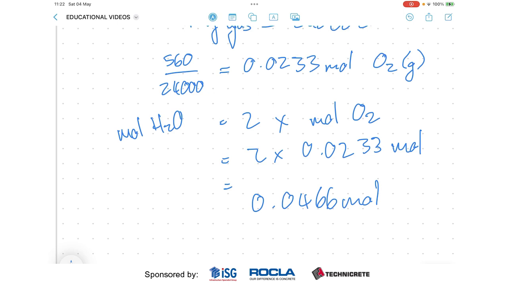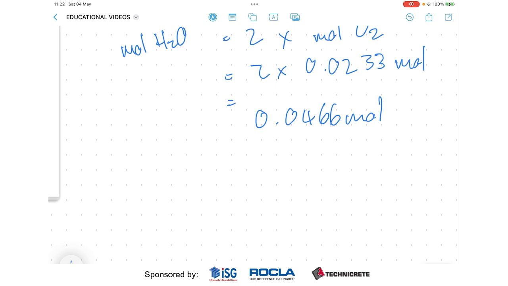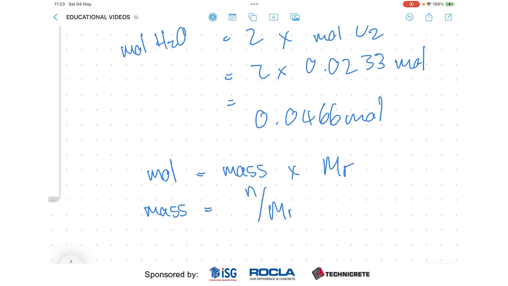So now we know the moles of H2O, but they didn't ask us for the moles. They want us to get the mass. So we need to remember that moles equals mass times molecular weight. So mass equals moles, or we can just write it as n over Mr. Now we already have n. We just need to figure out what Mr is.